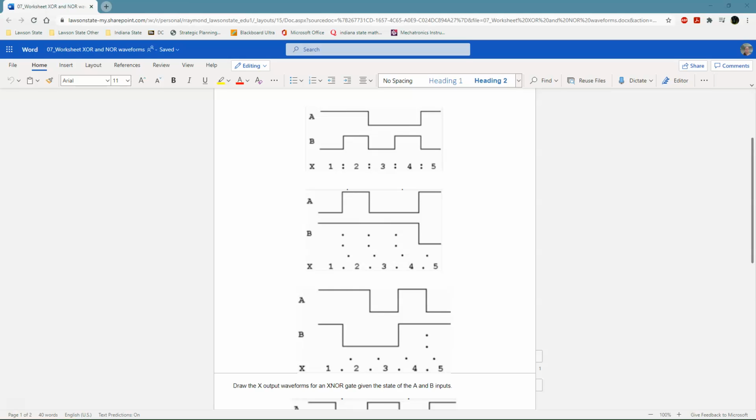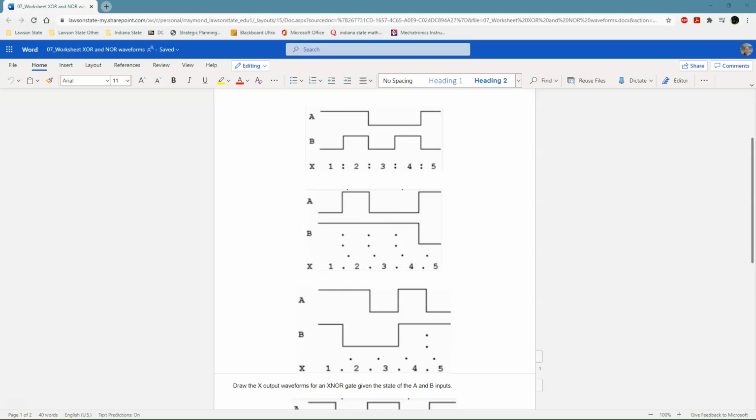So my output signal would look like this. Let me get a different color. So it would be high for 1, low for 2 and 3, high for 4 and 5. So that would be your output. Does that make kind of sense? Let me put it to you this way.